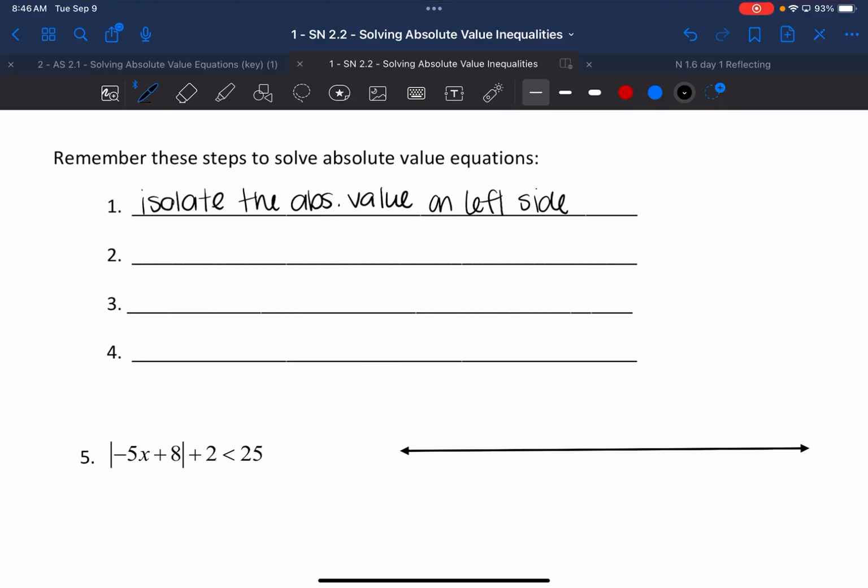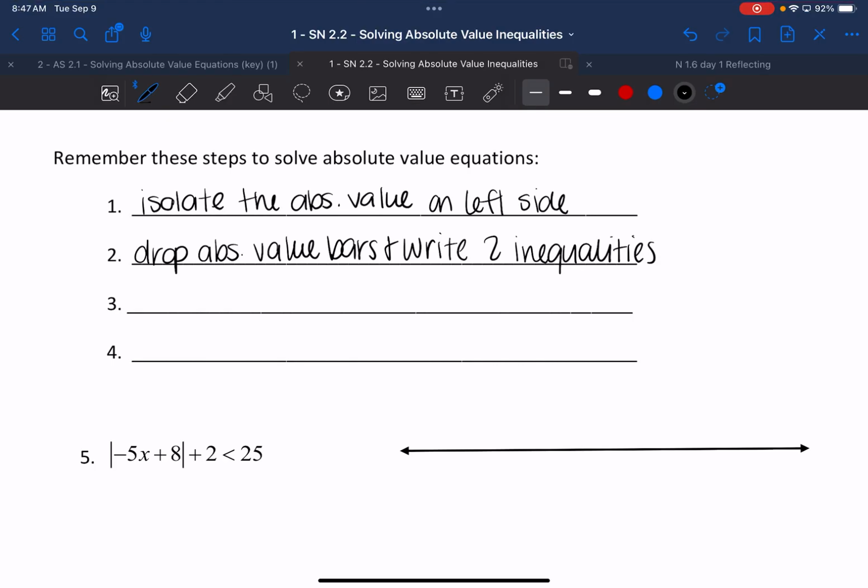Okay, so drop the absolute value bars and write 2 equations. Now for us today, we're going to be writing inequalities instead of equations. Okay.